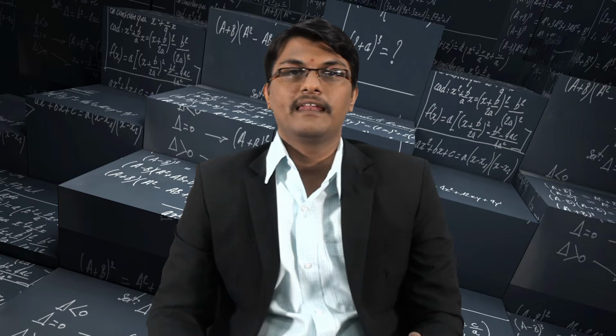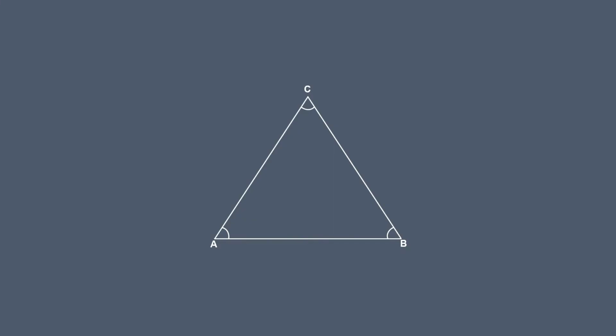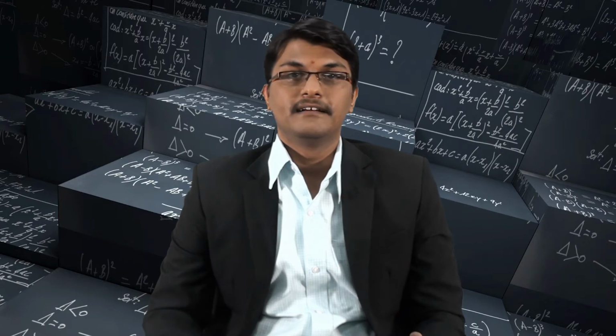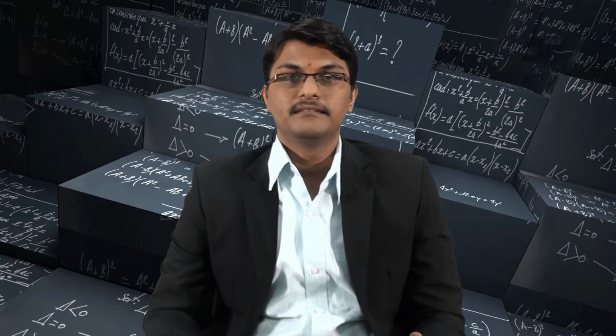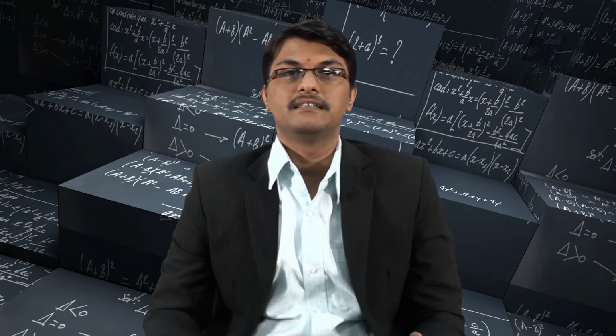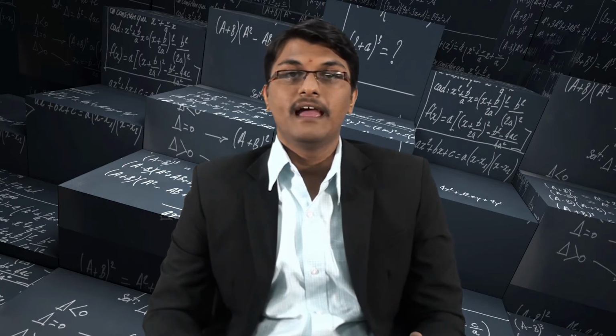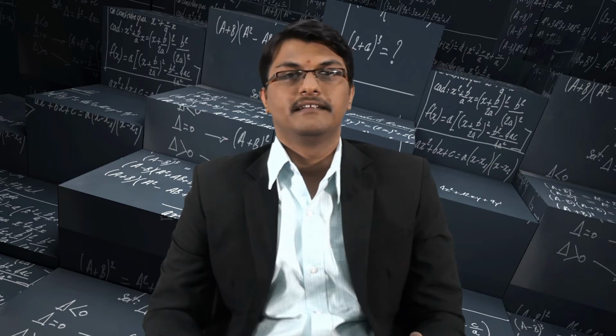Let us take an example for a regular polygon. An equilateral triangle is a regular trigon. Can you tell why? Yes. An equilateral triangle is a three-sided polygon in which all three sides are equal and all three angles are equal to 60 degrees.